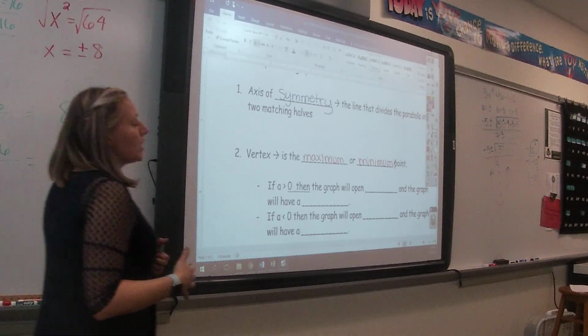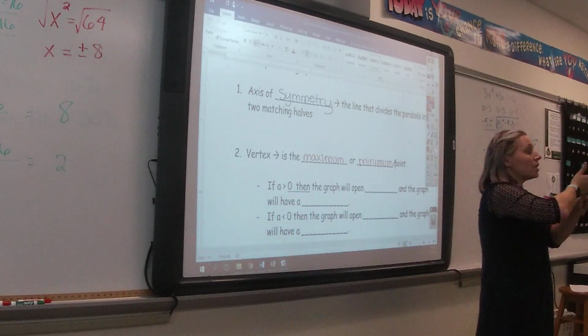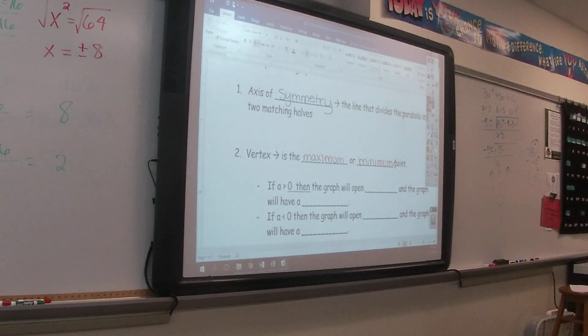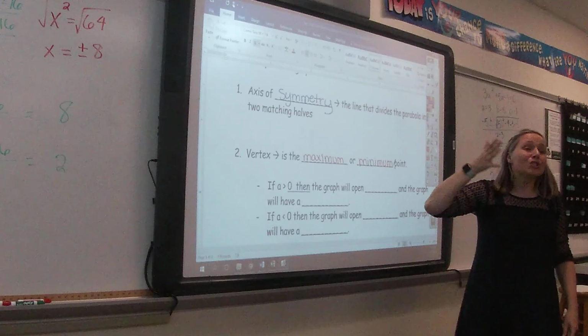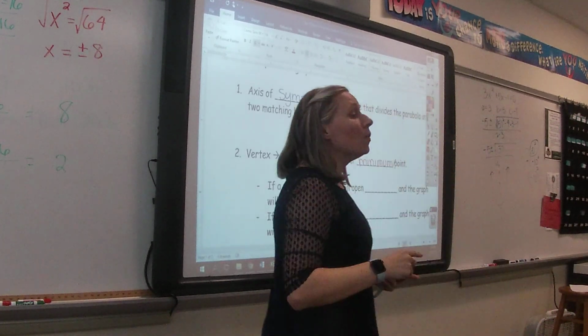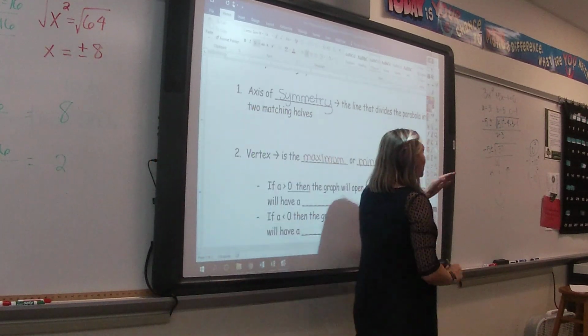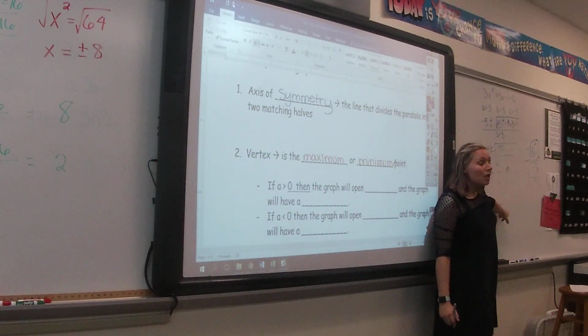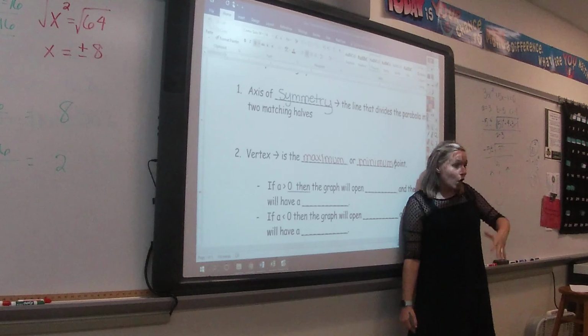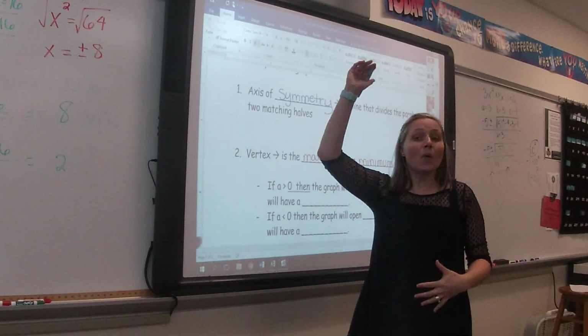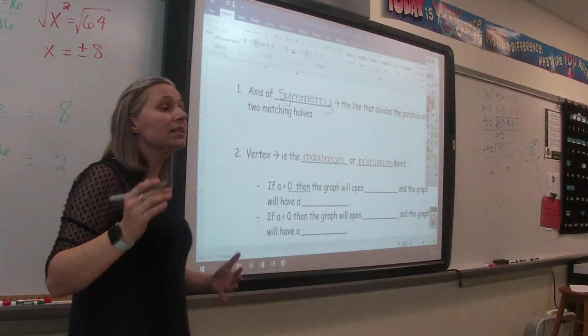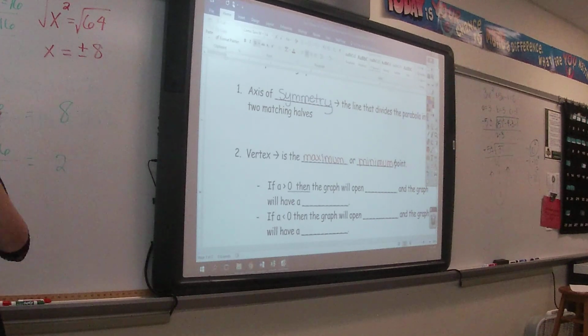When we look at lines, lines go up and down in both directions forever. Parabolas do not. They go both up or both down, which means there is a point on a parabola that we cannot go any lower than or we cannot go any higher than. That is called our vertex. It's right in that middle fold.